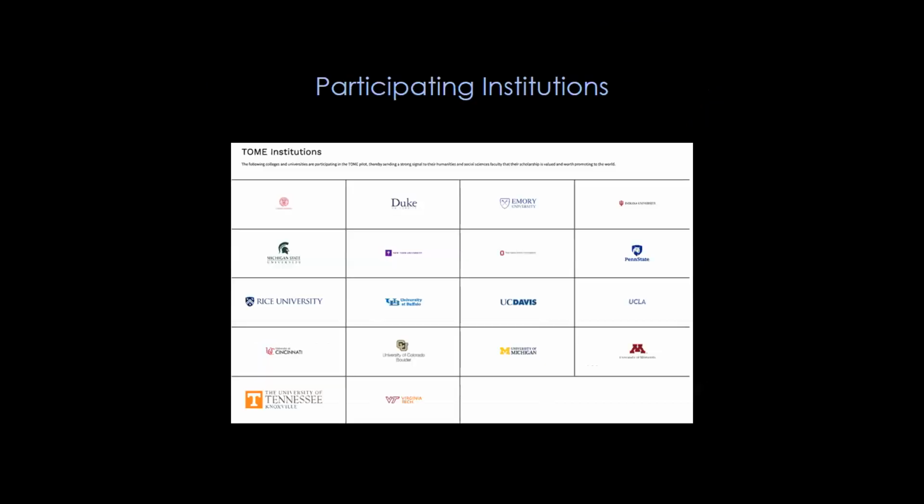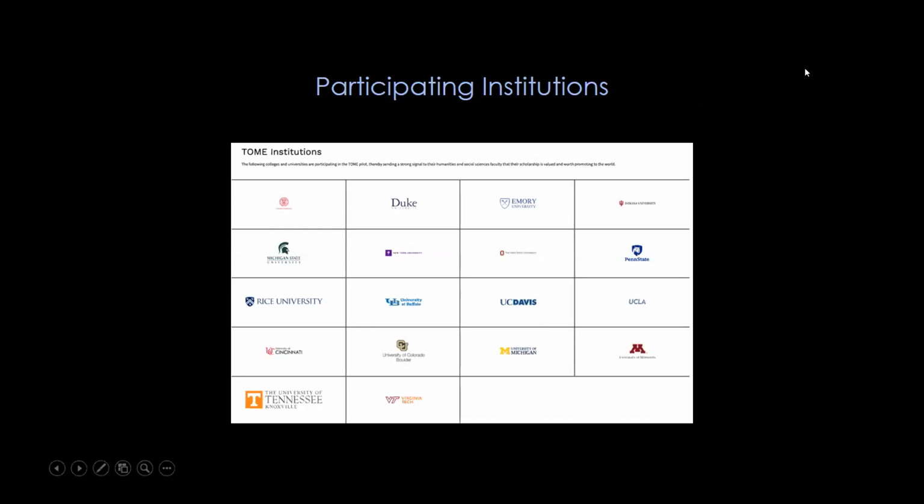And the idea is then with those larger national institutions providing leadership and kind of the titular heads of this initiative, we then want to bring in funding institutions.